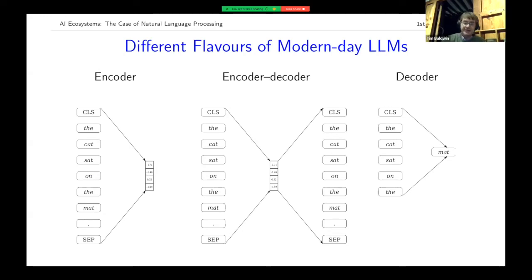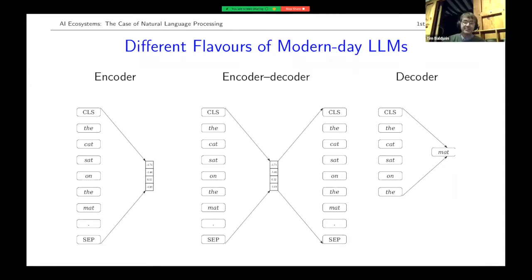So that's the very basics, and BERT is an example of something called an encoder model. Through this pre-training, largely based on masked language modeling, what we're doing is taking different contexts and generating representations.